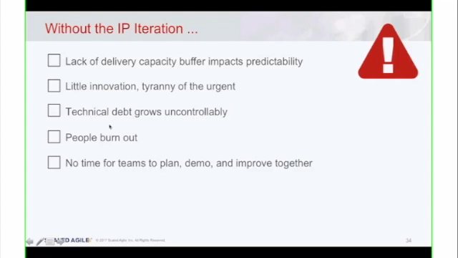And of course, the other thing that we will see when we don't do these things is a lack of delivery capacity buffer. In other words, that 2 weeks where you don't really plan anything also acts as a buffer in case there are overruns in certain feature development, right? So we want to assume that people are coming up with estimates for their work, but at the same time, we want to be realistic and say, hey, we don't hit those 100%.